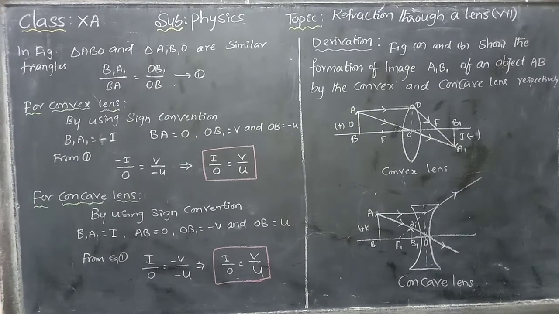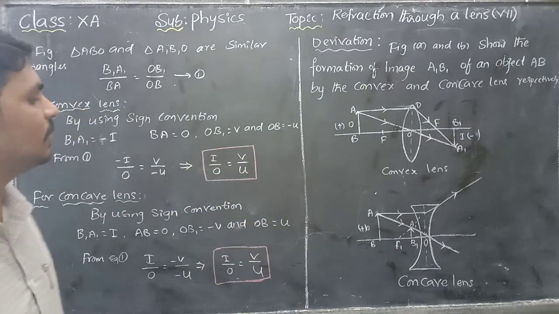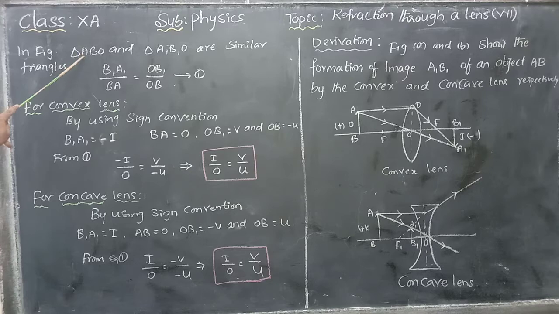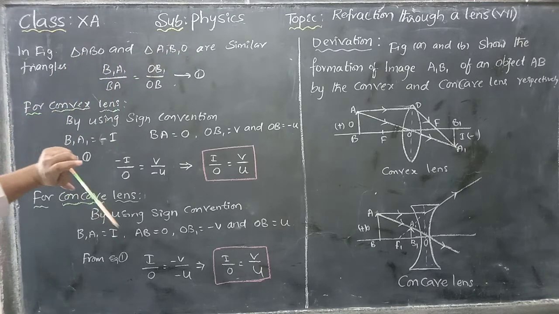Next, continuation of the derivation with the help of these two diagrams, in the case of convex and concave also. In the figure, triangle ABO and triangle A1B1O are similar triangles.